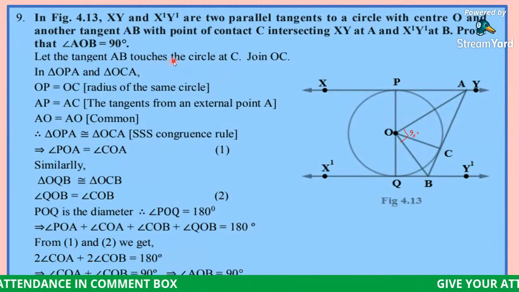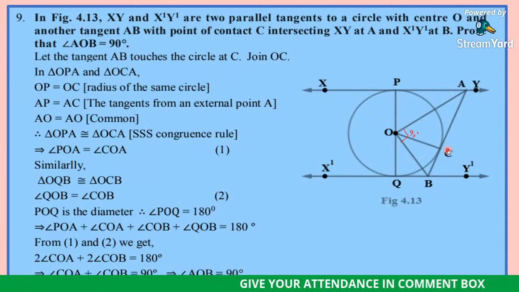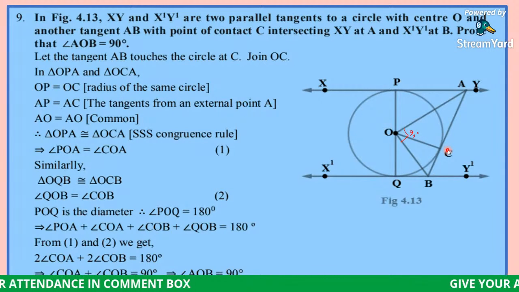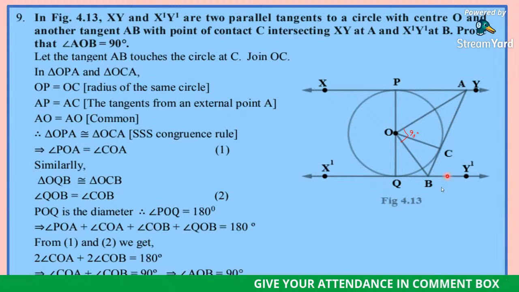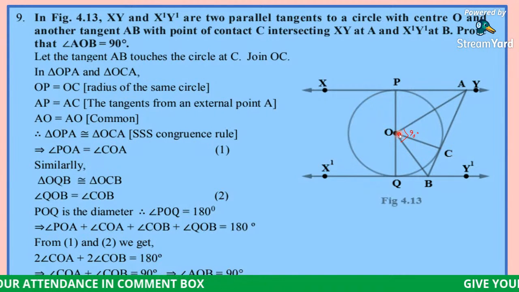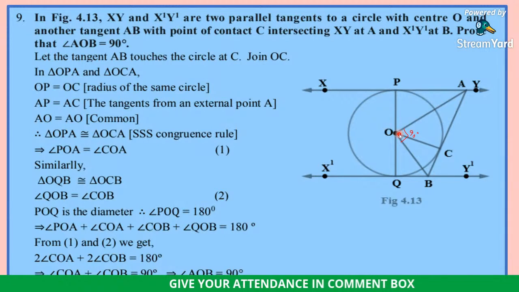Let the tangent AB touch the circle at C. What we have to take here? We have to take the point of contact C, intersecting XY at A and X dash Y dash at B. For this reason, AB is passing through C. Our work is to join CO, because at the point of contact the radius drawn, or the perpendicular drawn from the center to the point of contact, is 90 degrees, right?